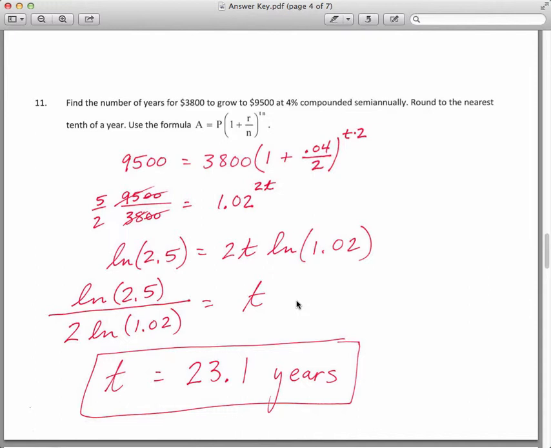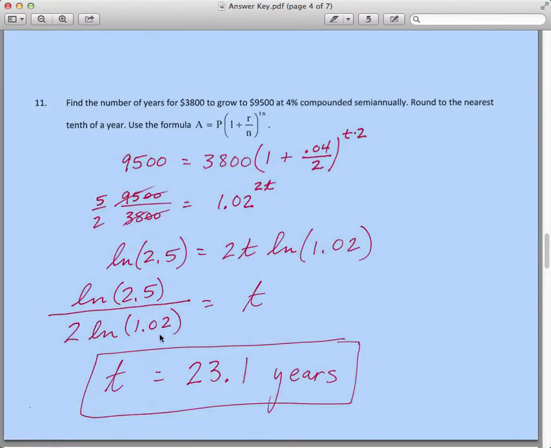Now be very careful when you type this in to your calculator. It is best, or at least it's the shortest number of keystrokes to get the right answer here, to put parentheses around your entire denominator when you punch it in.